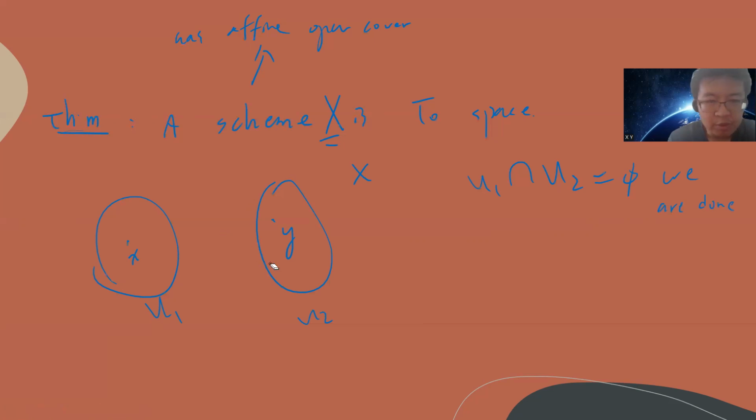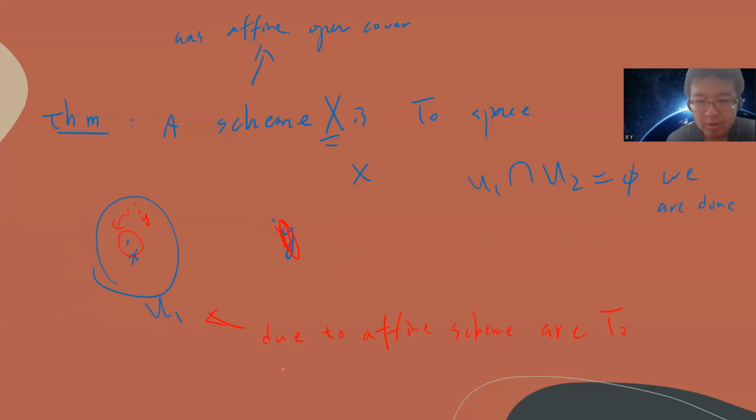Now let's forget about this. Say the open cover of X is U1, which covers y. But now these are all affine schemes, so one of them can separate the other, because affine schemes are T0.